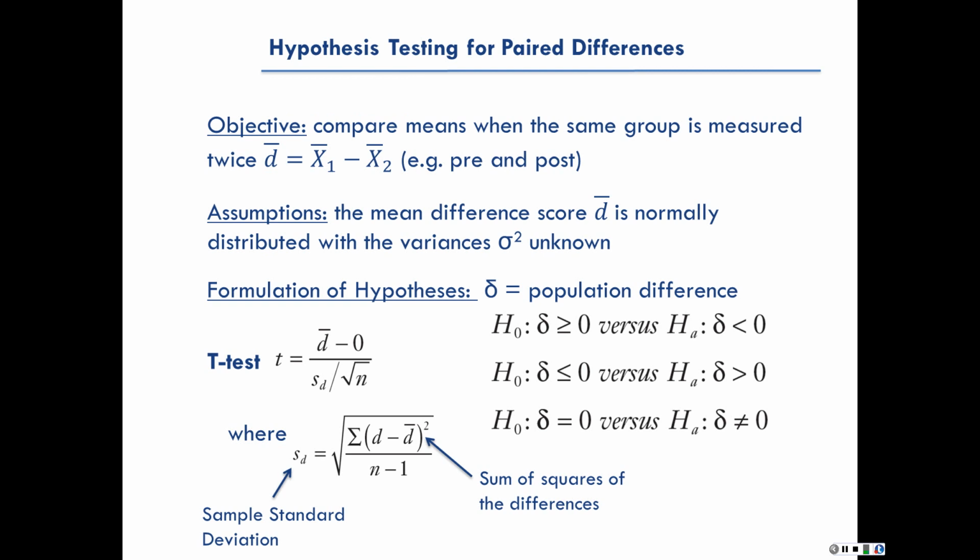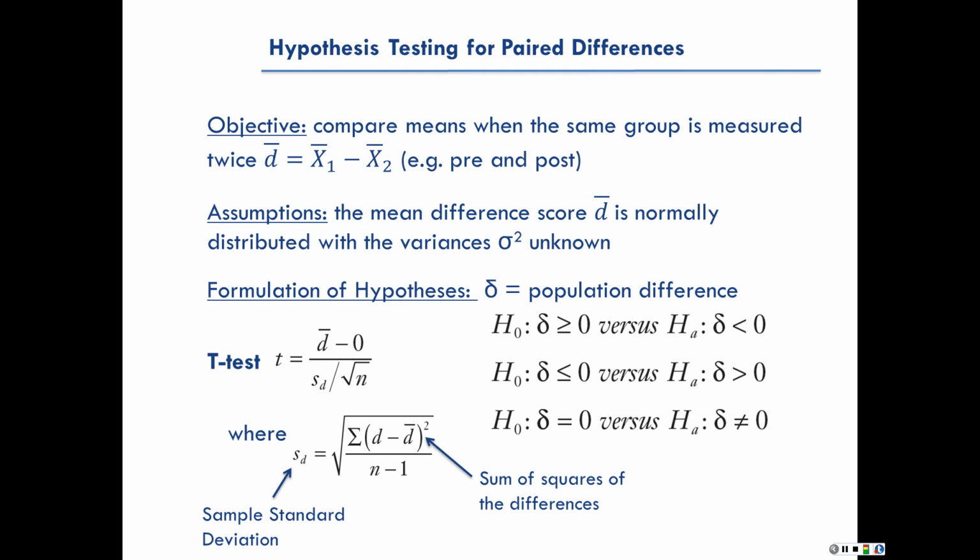Our assumptions are that the mean difference score, D bar, is normally distributed with the variances unknown. And so when it comes to formulating hypotheses, we use the little Greek symbol delta to mean the population difference, whereas D bar is the sample difference.